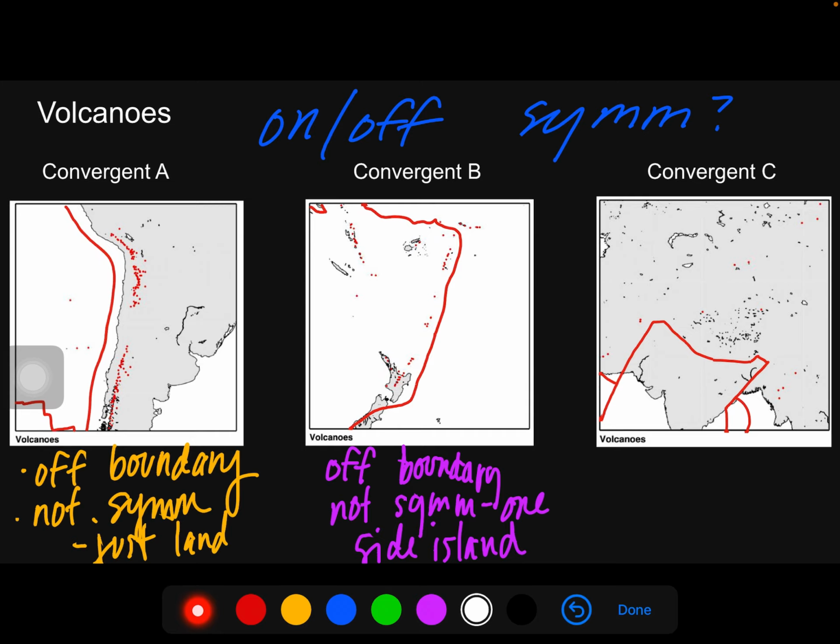Last but not least, our convergent C diagram. Here we have a few volcanoes, very few in fact, and really what we're seeing here is no correlation between this boundary and volcanoes. It's pretty rare to have one. So that's important to note, that there just isn't enough to make an accurate or full data set.